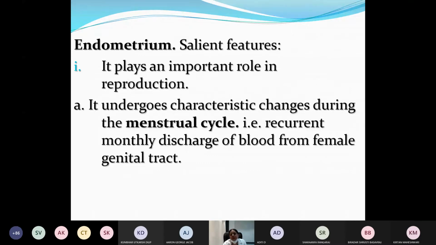Endometrium, the salient features: it plays an important role in reproduction. It undergoes characteristic changes during the menstrual cycle, that is, recurrent monthly discharge of blood from female genital tract.